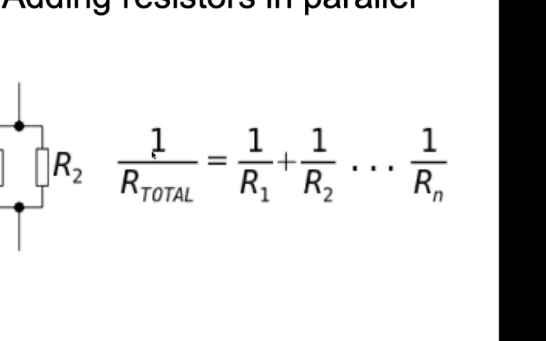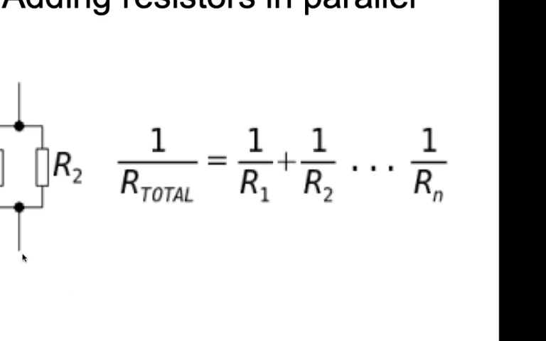We are working with a whole bunch of reciprocal values here, and our total resistance will actually decrease as we're adding more resistors to it. So when they're in parallel, more is actually less resistance.